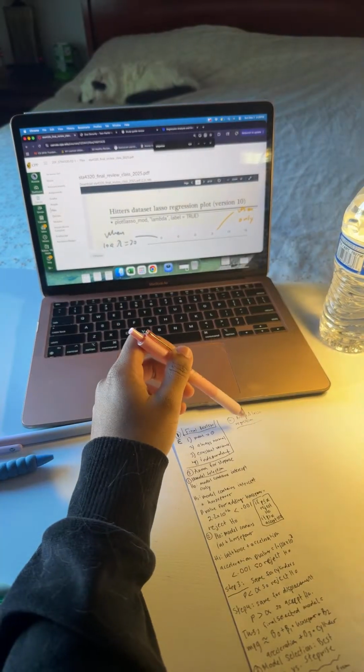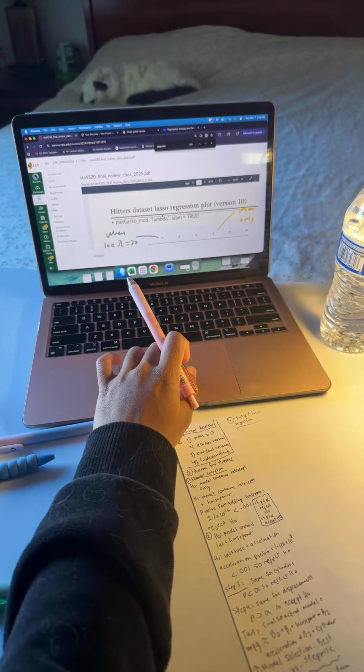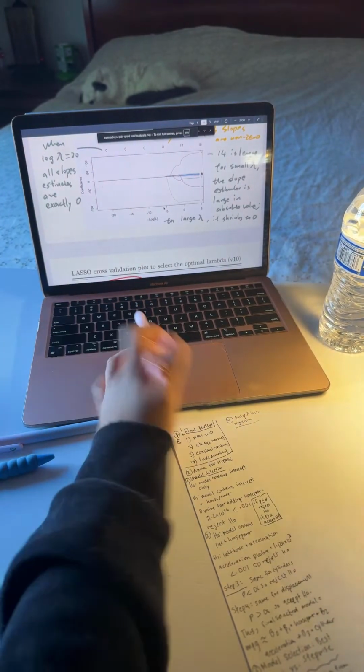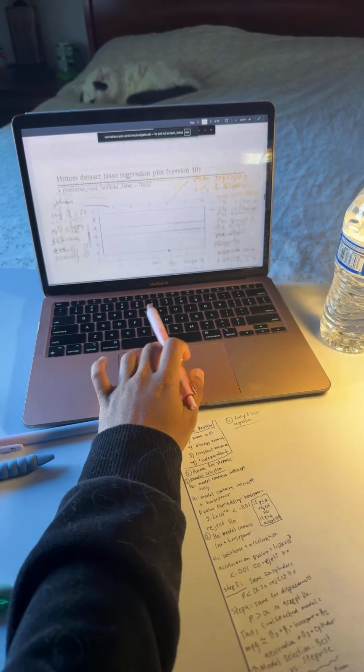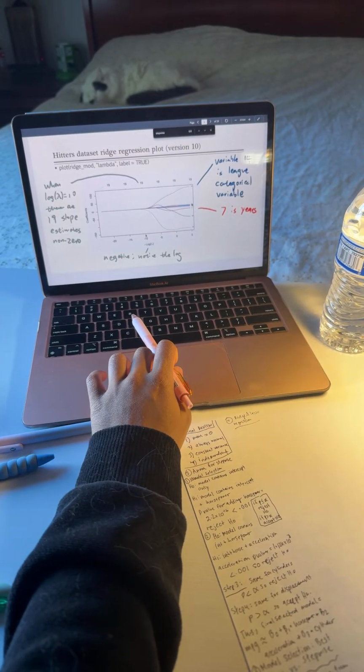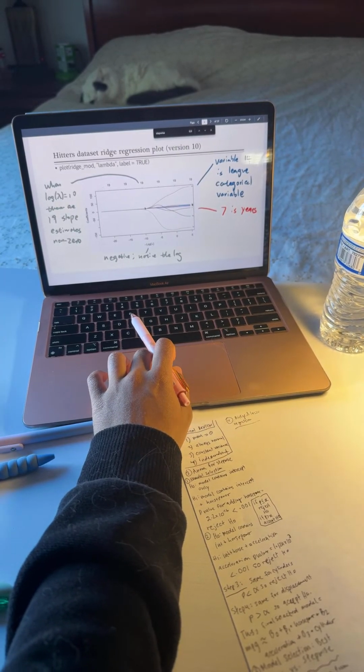Ridge and lasso regression. Alright, but what is he trying to ask though? What is he asking though? Because this is -10, right? But I see that line starting from before that.